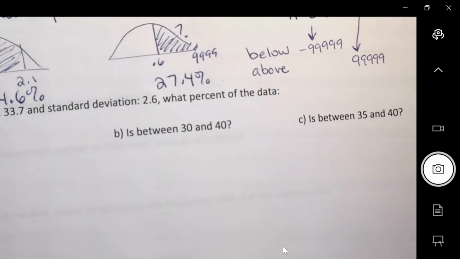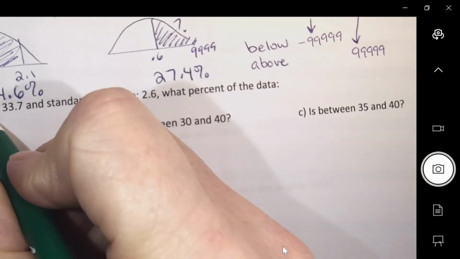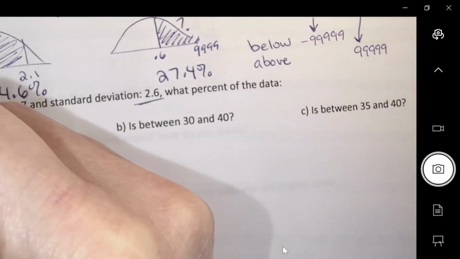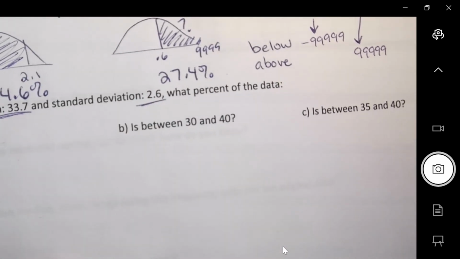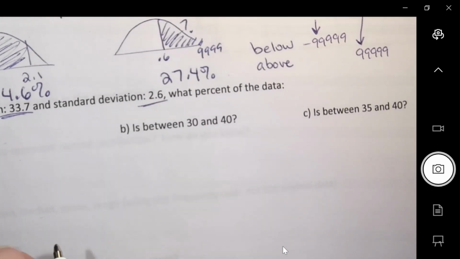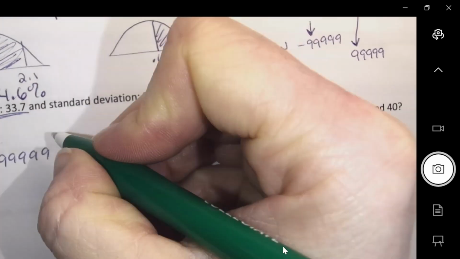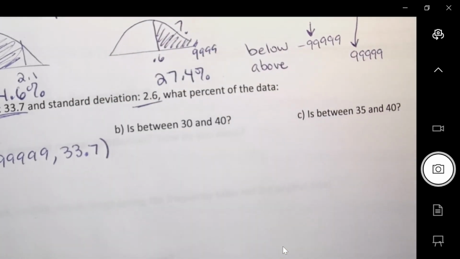Okay, can you answer these questions? So this one's the same thing except you're not using 0 and 1 because you have a mean and a standard. So when you're doing the normal CDF, above 30 is 30, comma, 9999s, comma, mean, comma, standard.